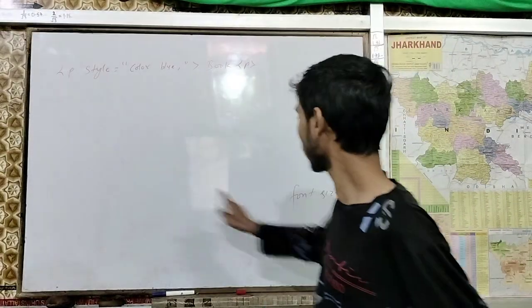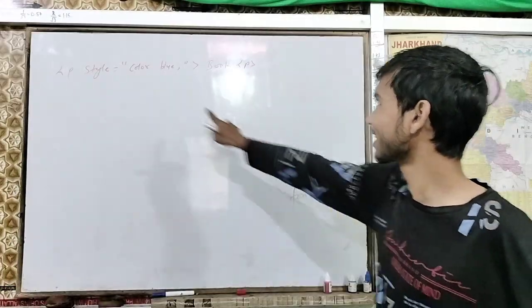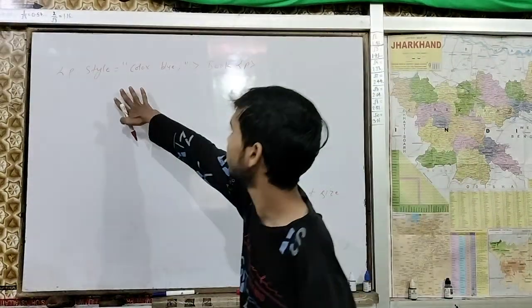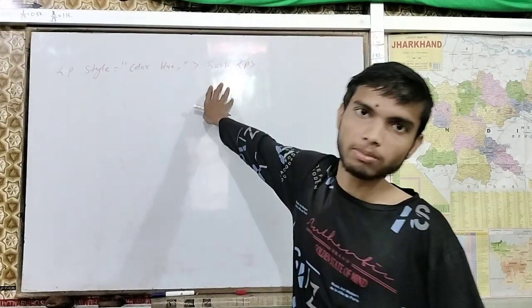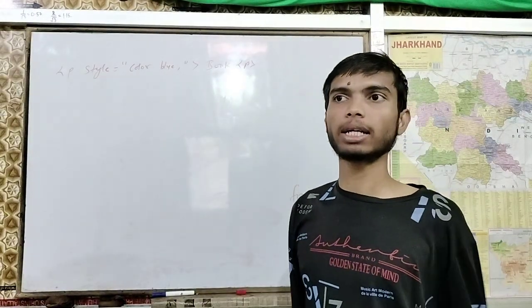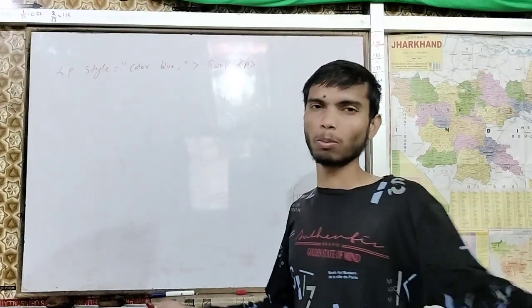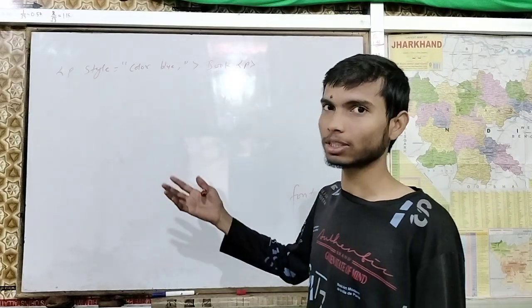But before we jump to that attribute, let's see this style attribute. We have this word, book, and we want the color of this book text to be blue. This is what we are telling our HTML.